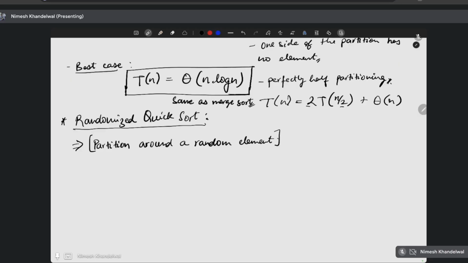But in practice, quicksort is approximately 2 times faster than merge sort.